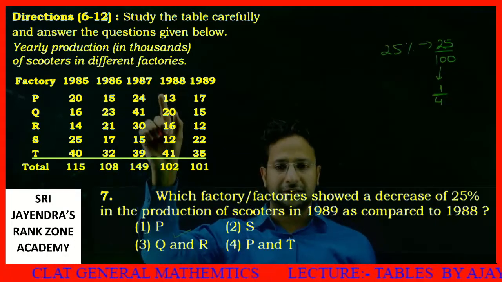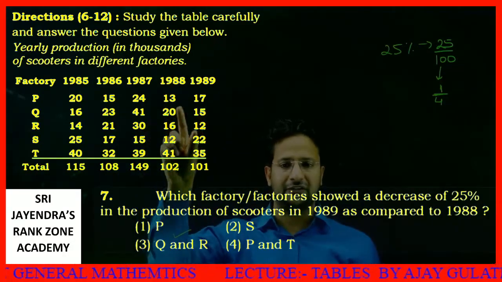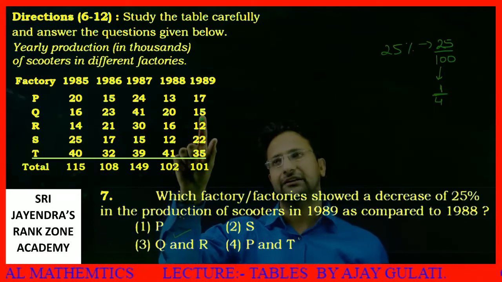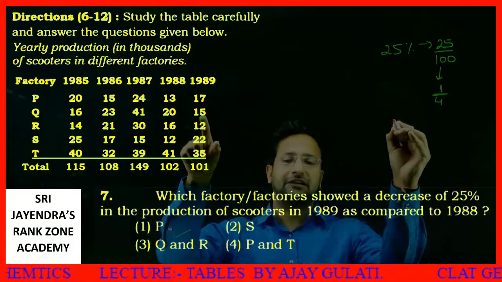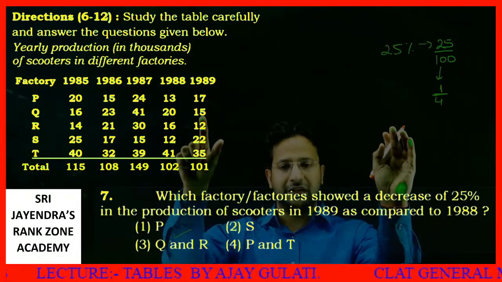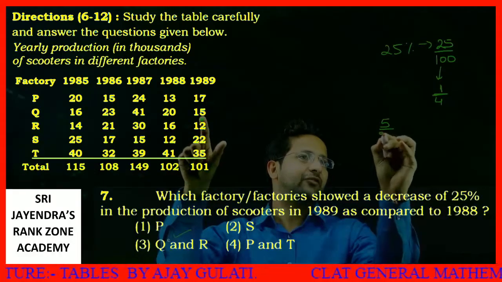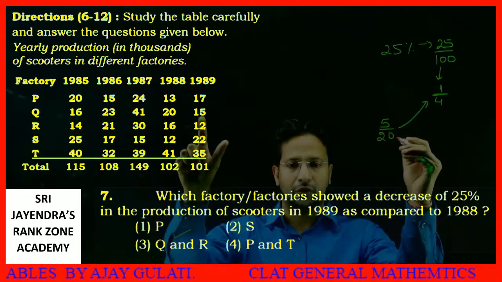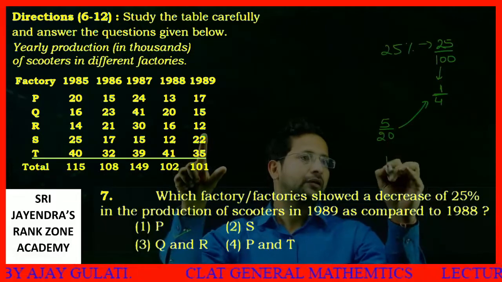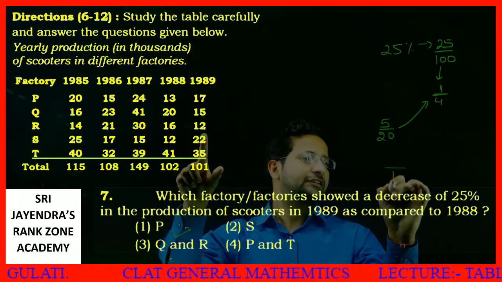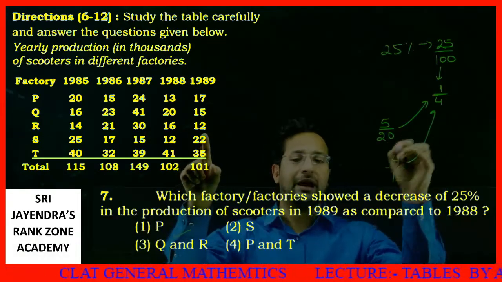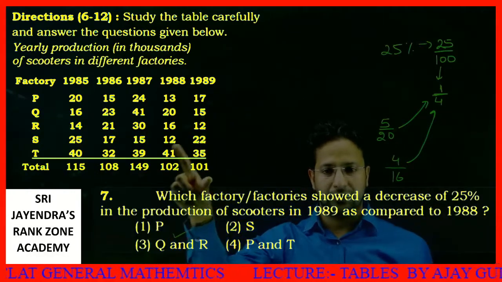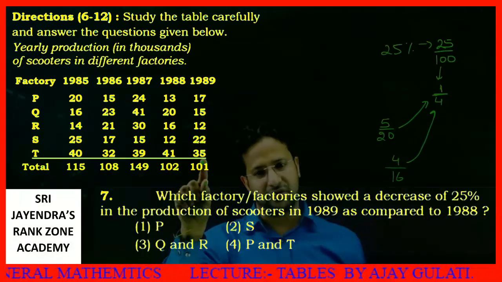Let's say 13 to 17. No, not a decrease. 20 to 15. Yes, there is a decrease. Okay, now see, 20 to 15. How much is the decrease? Decrease 5 over 20. This is 1 by 4. Next, 16 to 12 decreases 4. Again 1 by 4. 12 increase, then not that much decrease.